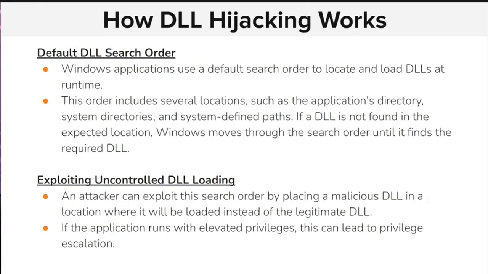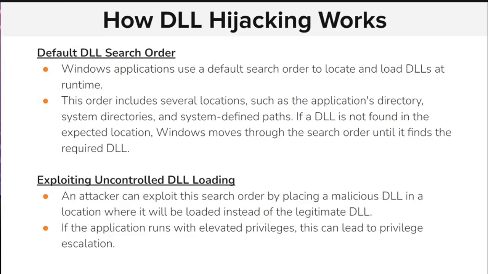So let's say a program is looking for a DLL called test.dll. Well, it'll firstly start off in the program's directory or installation directory, or the directory from which the application is running. If it doesn't find it there, it'll then move on to other directories, and until it finds the DLL, it'll continue searching and utilizing the search order to find the DLL.